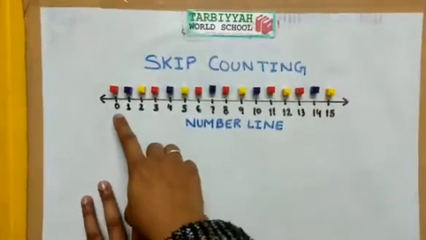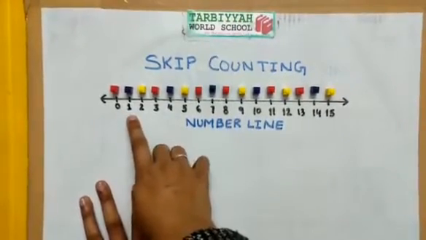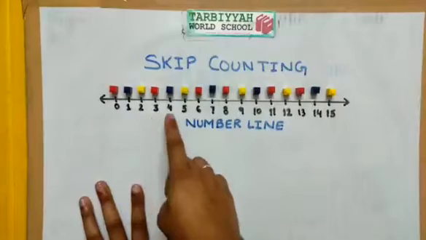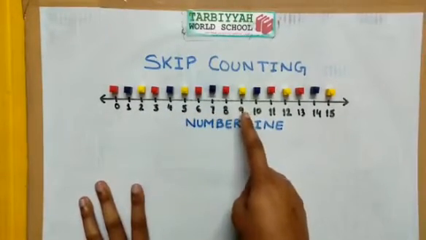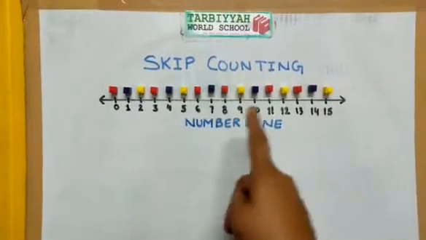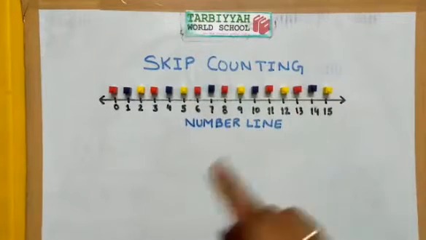Like this we do skip counting: 0, 1, 2, 3, 4, 5, 6, 7, 8, 9. This is the skip counting of 1.